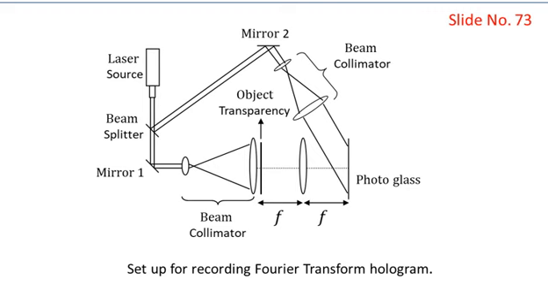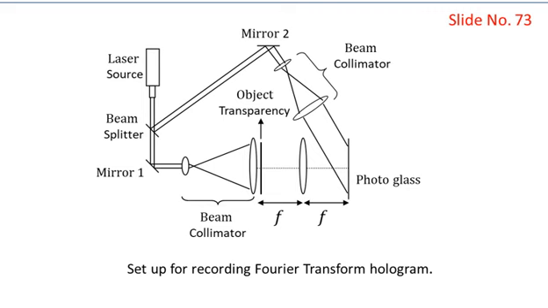So this lens which is close to the photoglass is actually the Fourier transform lens, which is at a distance f from the photoglass and is also at a distance f from the object transparency.